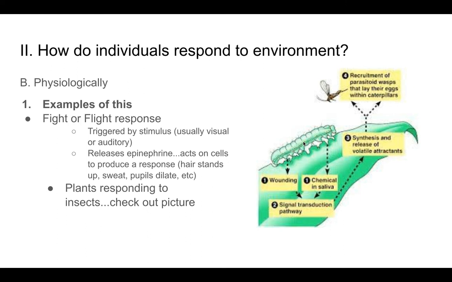Or if the caterpillar is smart enough, it could learn, hey, this is a plant that has a response that could get me killed. So this is a very interesting thing that a plant, because of damage done by an insect, can release a chemical that calls in a different organism that can destroy that predator, essentially.